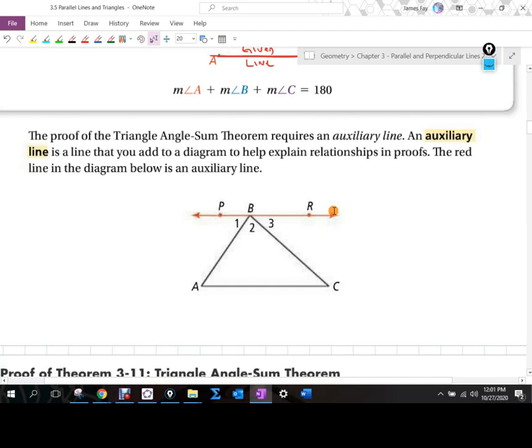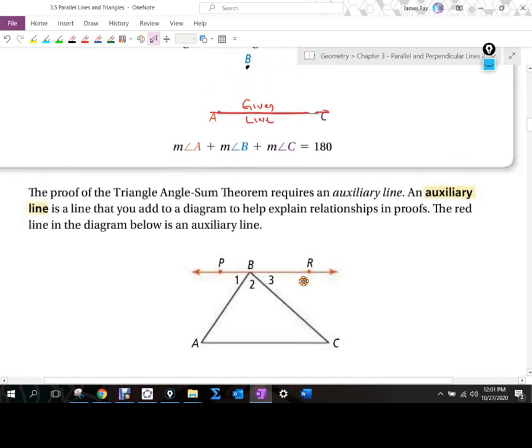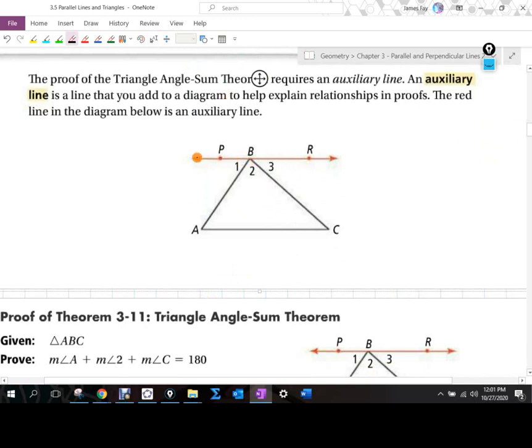Does that make sense? We've added it so that it has a particular useful feature to us: we know that this auxiliary line is parallel to this line AC. Now, we could have done this anywhere. Usually you see this proof done with the auxiliary line right there.